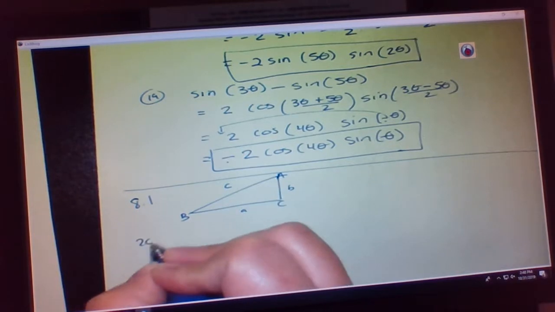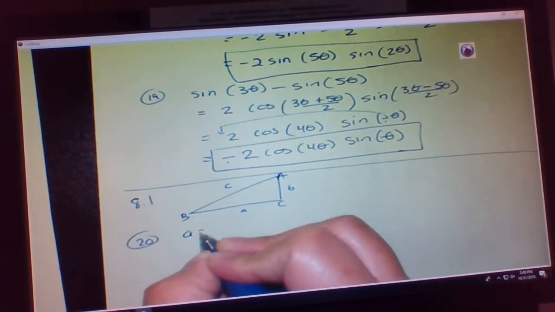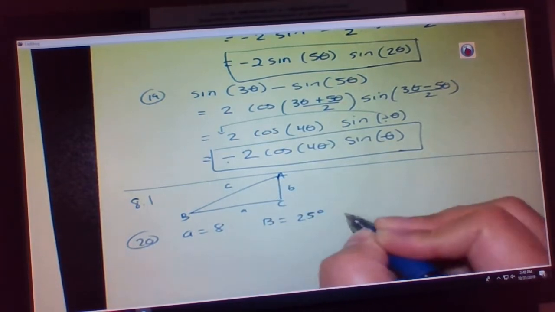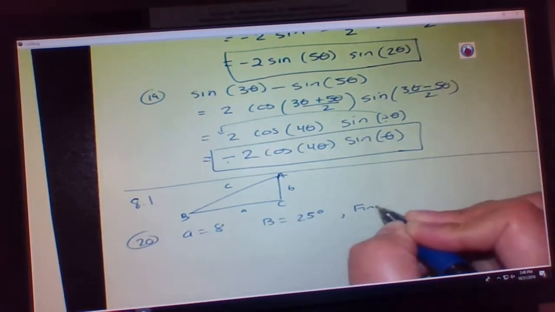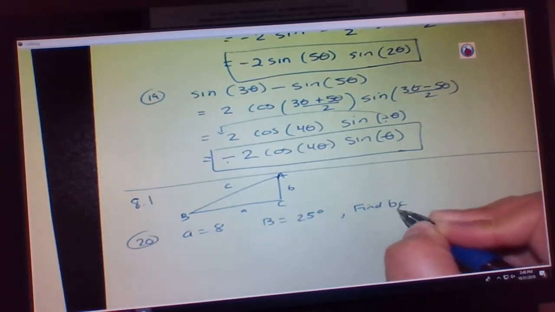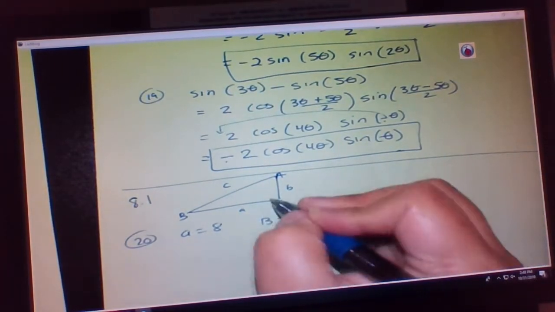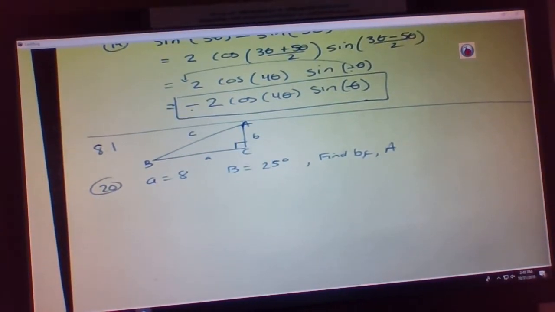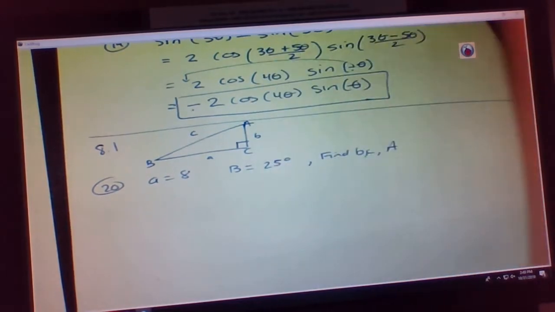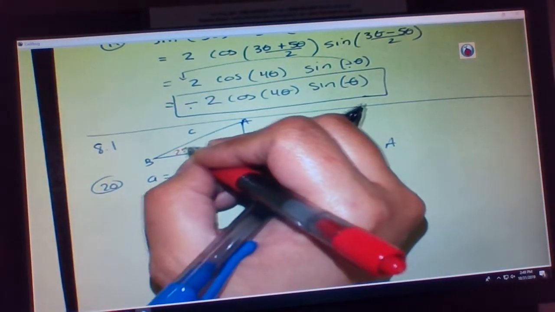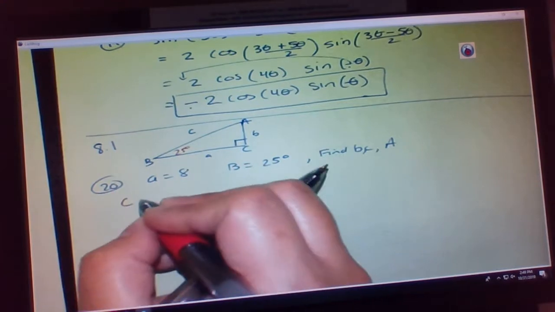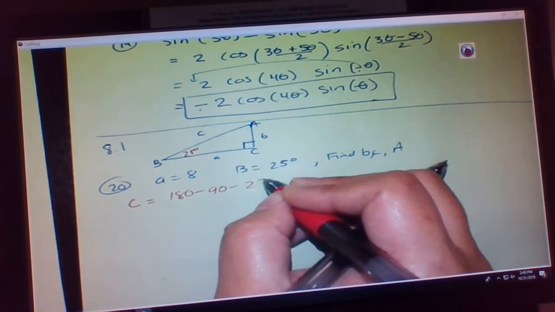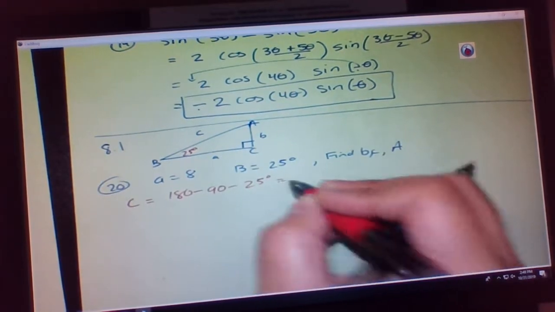If you get a problem where you have A is 8, B is 25 degrees, can you please find B, C, and A. Now, in 8.1, please keep in mind that these are right triangles. So if we tell you that B is 25, then obviously to find angle C, I have to do 180 minus 90 minus 25, and I figure out that C is how many degrees?